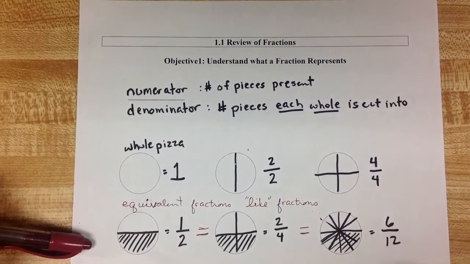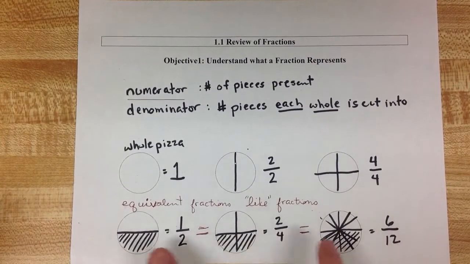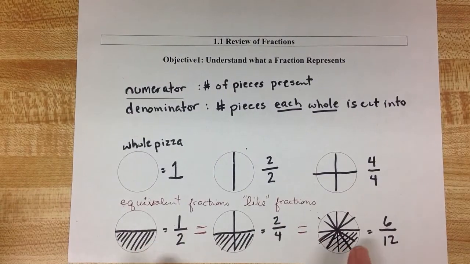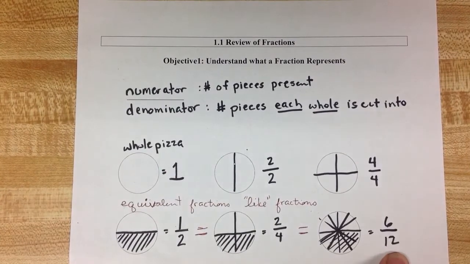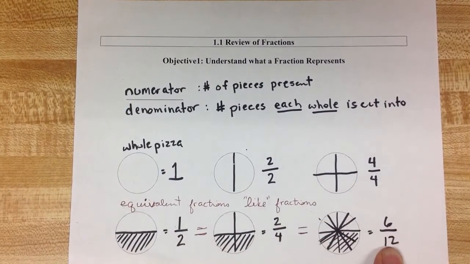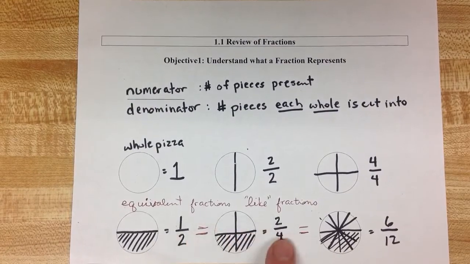The other thing I want to talk about before we move on to the next section is how we get from one of these to the other. This is considered to be a fraction that is not fully reduced because there is a way to represent 6 out of 12 slices of pizza using fewer cuts. So these are all equivalent fractions.